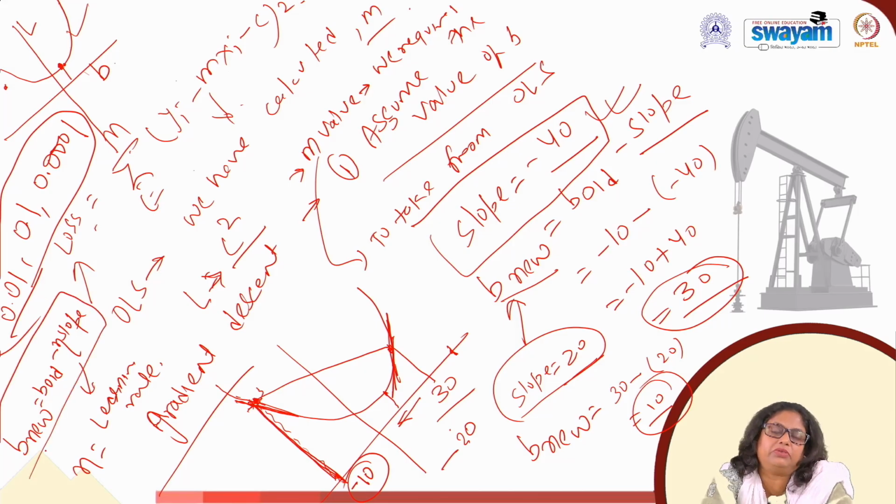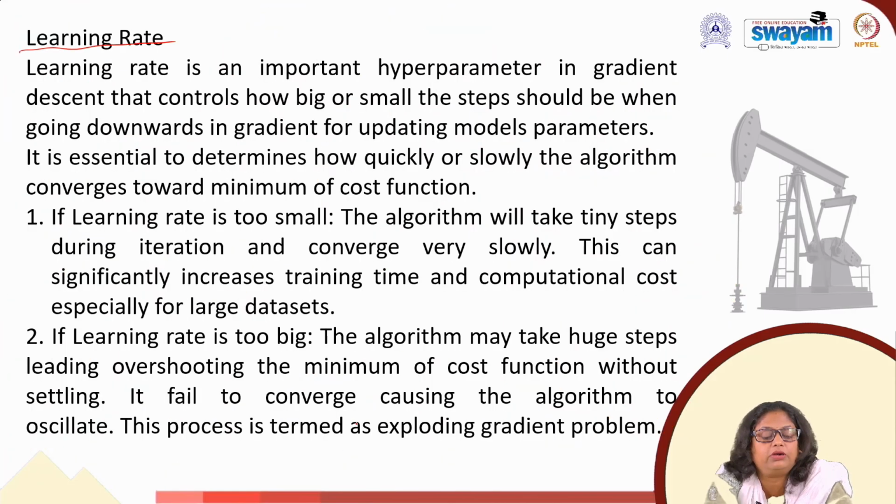So this is the equation we use to calculate the new b: b new is equal to b old minus eta times slope. The slope is the one we get from the ordinary least square method, and then we introduce the learning rate. We require to transform these equations, and the learning rate controls this algorithm. So what is the learning rate?